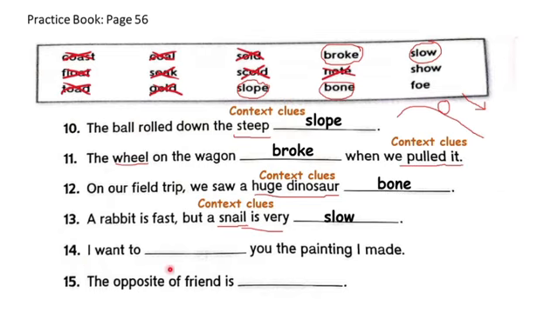I want to blank you the painting I made. So here we still have two words, show and foe. So, I want to show you the painting I made. Excellent. And the last one, the opposite of a friend is foe. Great job.